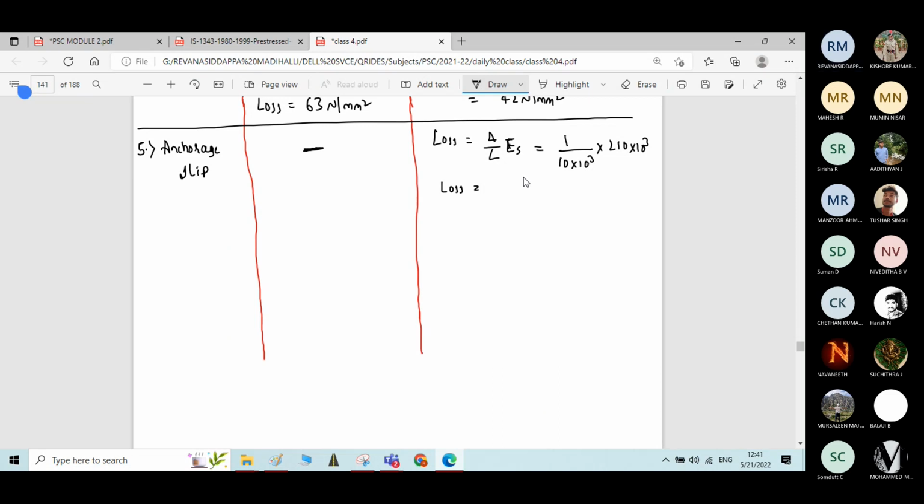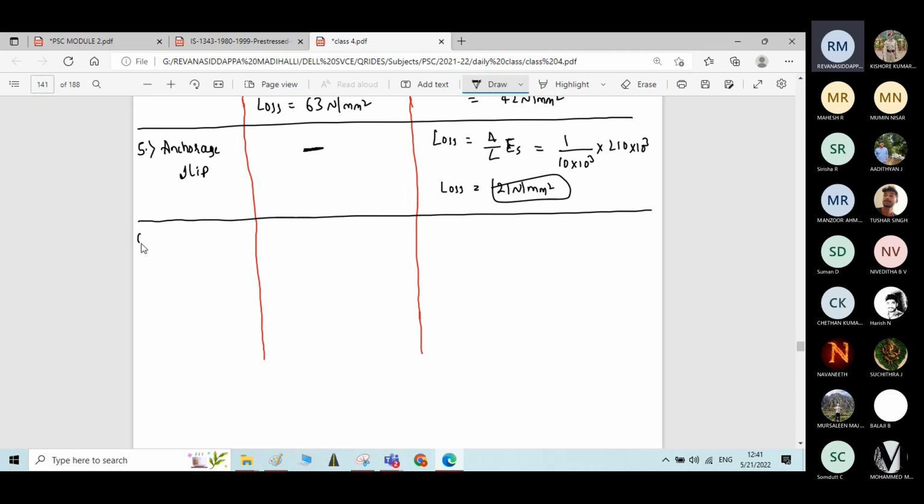So you will get it as 21 Newton per mm square. To this, loss due to anchorage slip is calculated. The last one remaining is loss due to friction.